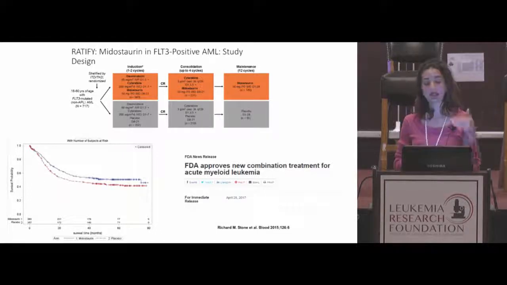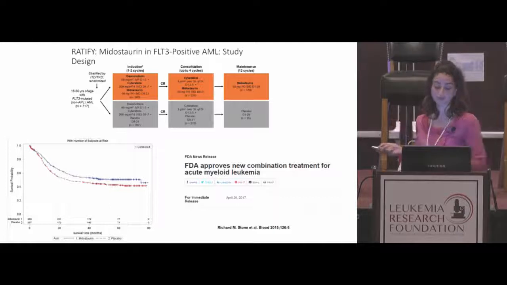And this basically added midostaurin up front, so not in the relapse setting, but right at diagnosis in patients younger than 60 in combination with chemotherapy. And it was really continued right through chemotherapy, consolidation, and for 12 months post-treatment completion, and compared in a randomized manner to standard therapy, which is basically everything without the midostaurin.